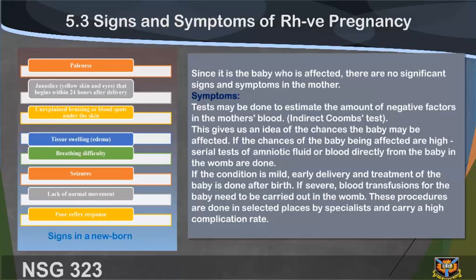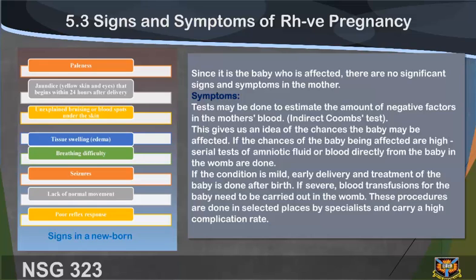Tests may be done to estimate the amount of negative factors in the mother's blood. Indirect Coombs test: this gives us an idea of the chances the baby may be affected. If the chances of the baby being affected are high, serial tests of amniotic fluid or blood directly from the baby in the womb are done.